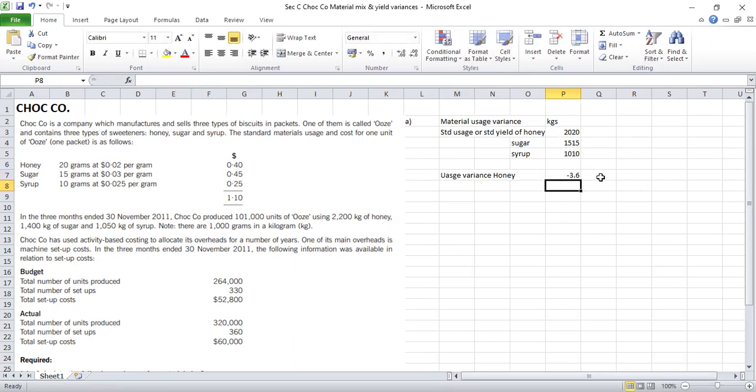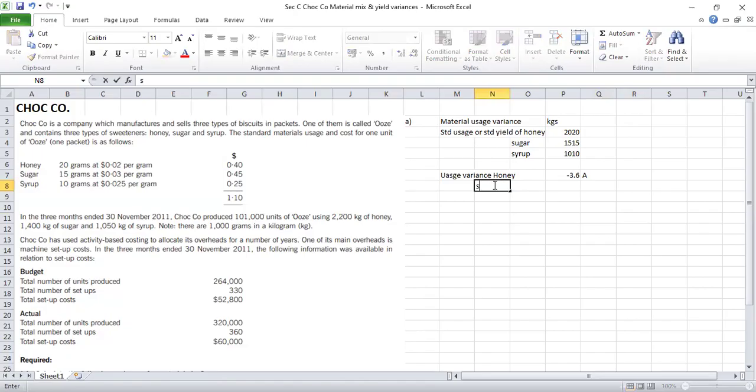So the usage variance is adverse. We will not consider this minus or plus, but it is adverse. Why is it adverse? Because our actual usage is greater than standard usage. That's why the usage variance of honey is adverse.